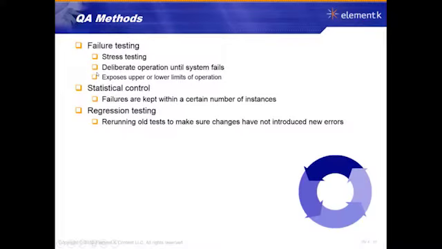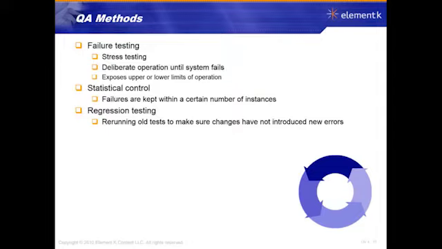Different QA methods. We've got some examples here. Failure testing. I love to stress test applications and systems. I love to run load simulators until they break, just to see how they behave. I love to run load simulators to the point where the operating system can no longer even report its processes.